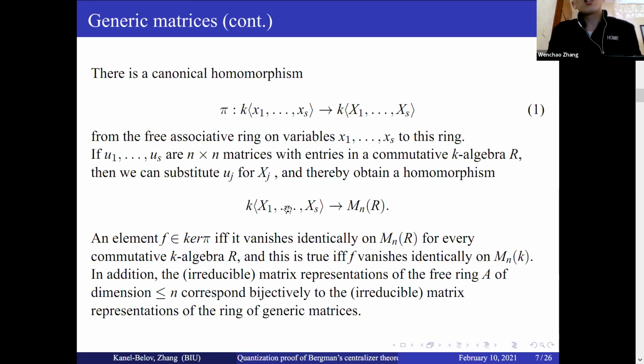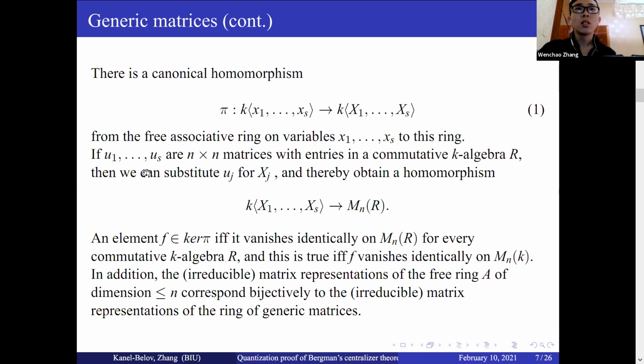So there is the canonical homomorphism from the free associative algebra to the algebra of generic matrices, π from K⟨x1,...,xs⟩ to K[X1,...,Xs].